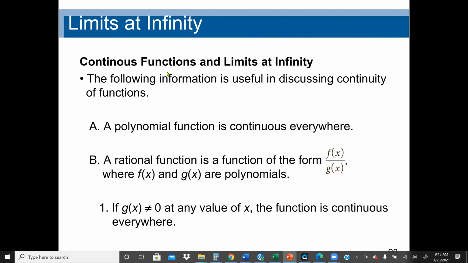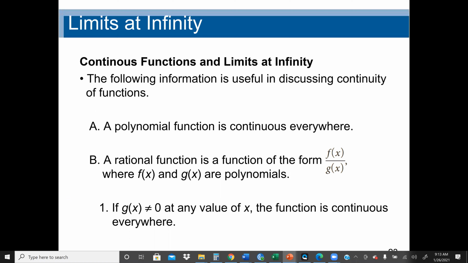So we also discussed continuous functions and limits at any value. It's the same concept here, continuous functions with a limit at infinity. The following information can be useful in discussing the continuity of a function when the limit approaches infinity. If we have a polynomial function, it's not divided, there's no denominator, and there's no square root.